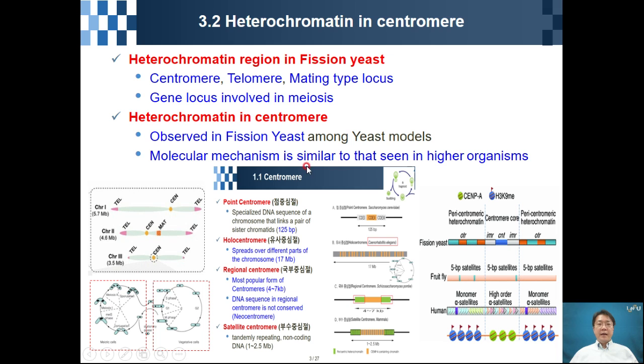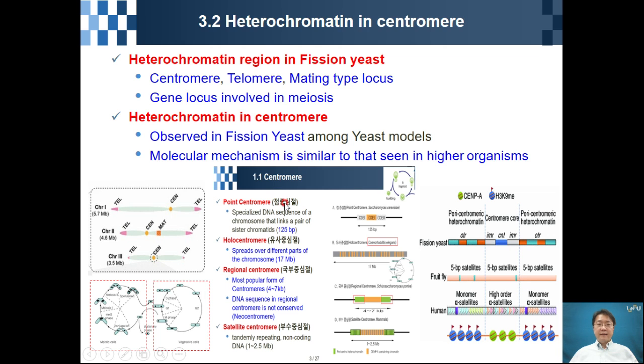Okay, and also we will see some detailed information about the heterochromatin in the centromere. Heterochromatin in the centromere was observed in fission yeast.